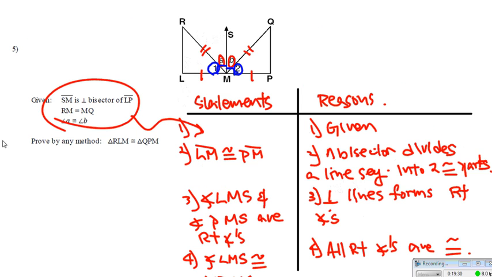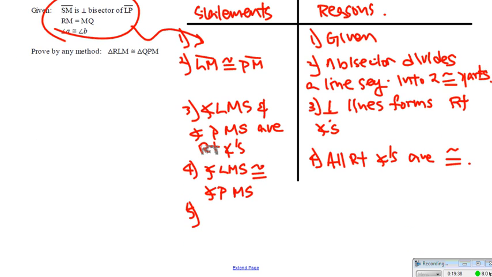Then we can say, since both right angles are congruent, but angle A and angle B are also congruent too, then by subtraction postulate, we will realize that angle 1 must be congruent to angle 2.